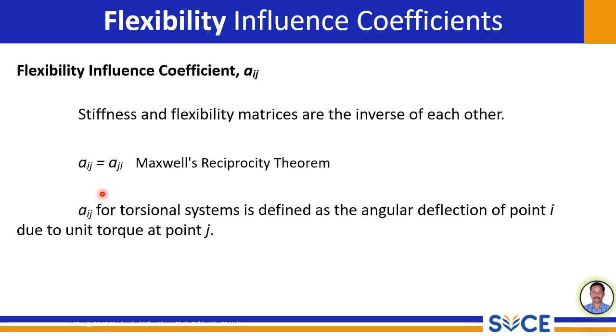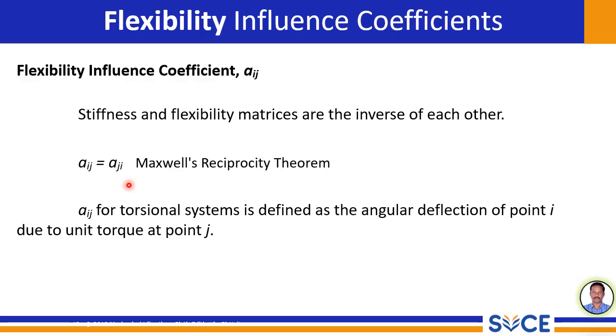Secondly, similar to the stiffness influence coefficient matrix, the flexibility influence coefficient matrix is also symmetric. This means that A_ij equals A_ji.